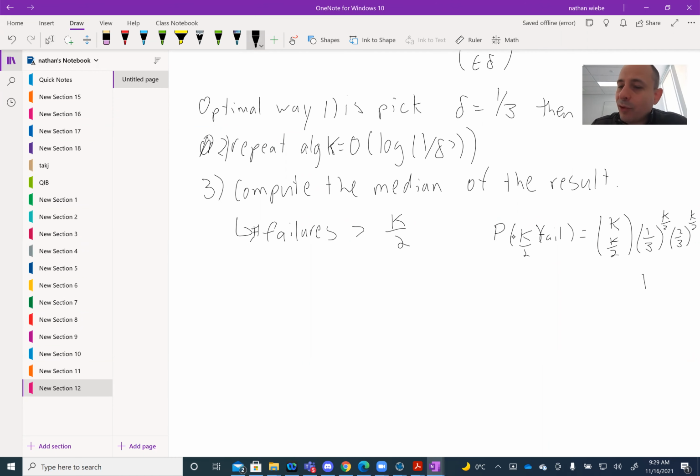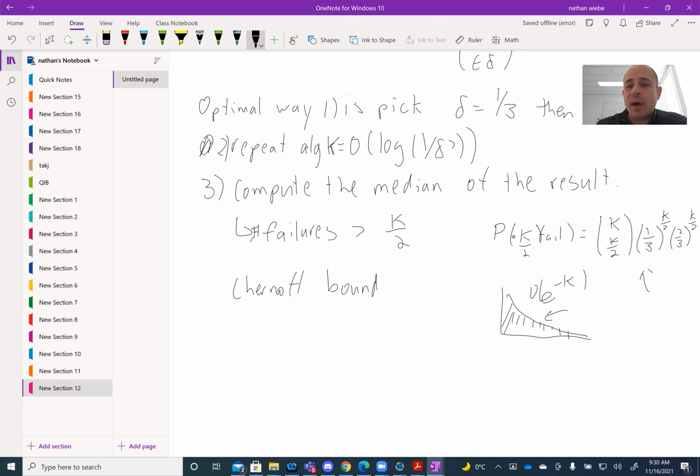And you can see that these are very small numbers, and when we sum up all the rest of these values in the binomial distribution, we expect to see something that is exponentially decreasing. In fact, we can use a Chernoff bound to rigorously bound the area under this curve. And what we find is that the Chernoff bound says that the probability of doing this ends up scaling exponentially with K.